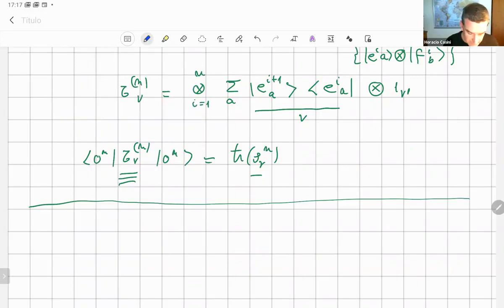Well, I will give you an example of this. The simplest example of calculation of the density matrix in a quantum field theory is the case of a Rindler wedge.